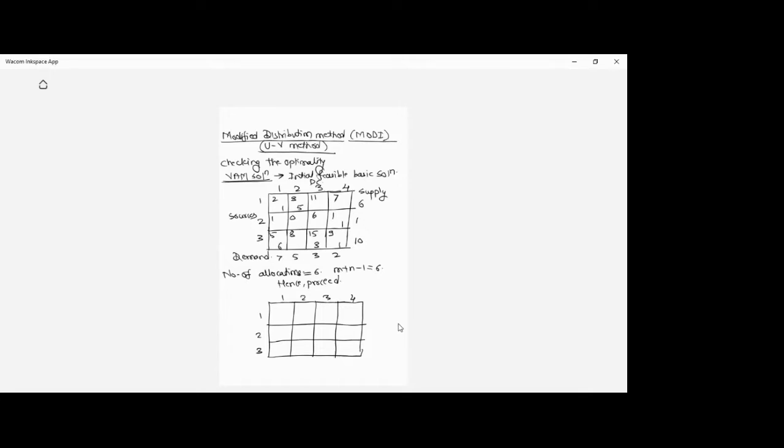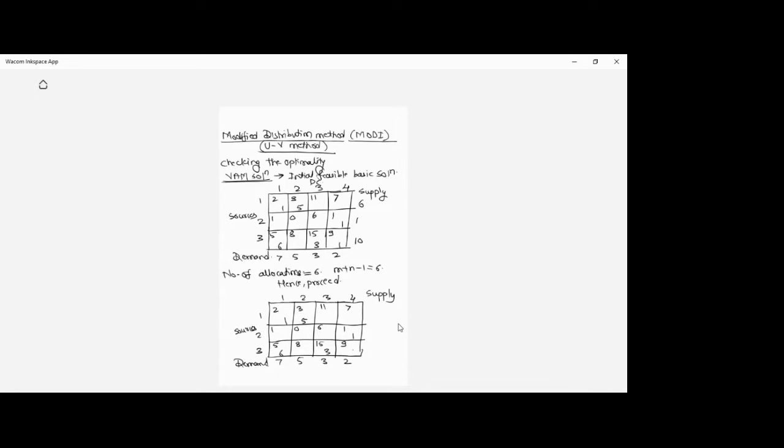I'm writing the solution here again for better understanding, so that I don't make any mistake and there is no rough work to do. So this was your demand, and this is the supply that we had. These are the sources, and these are the allocations, right?